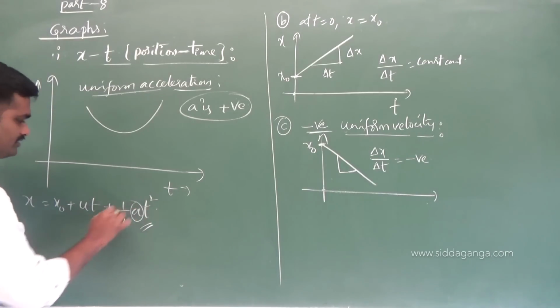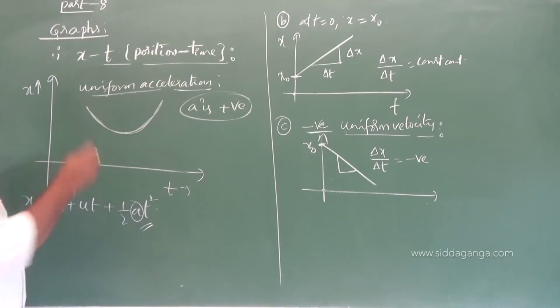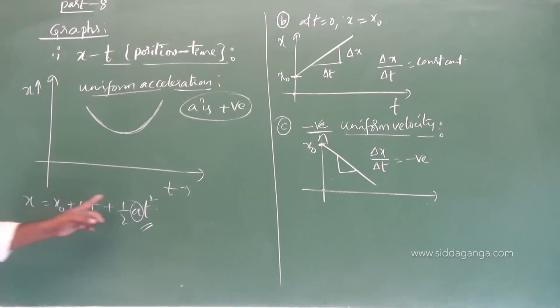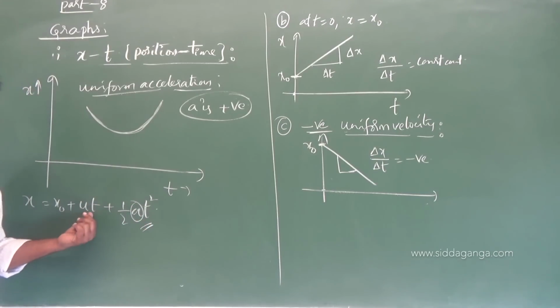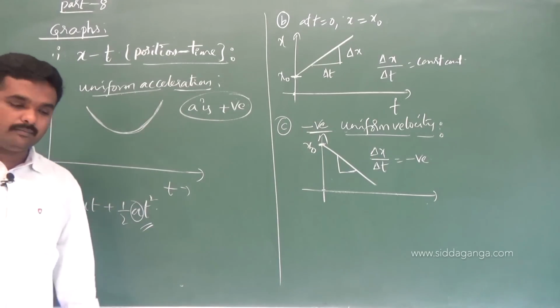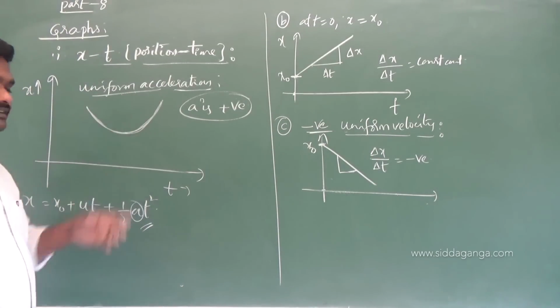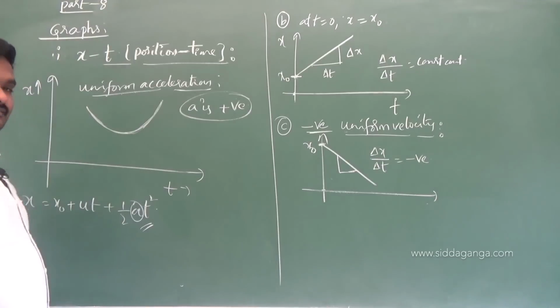Here a is positive, remember. This graph represents a parabolic equation. How is the value of x varying with respect to time? T square we are having, t term we are having. This is an equation which represents a parabola of this kind, and the a value will be positive in this condition.